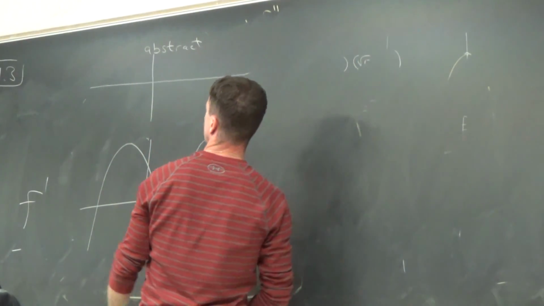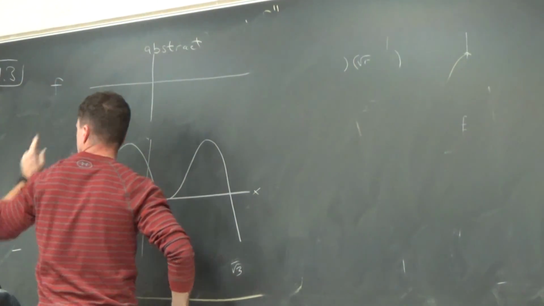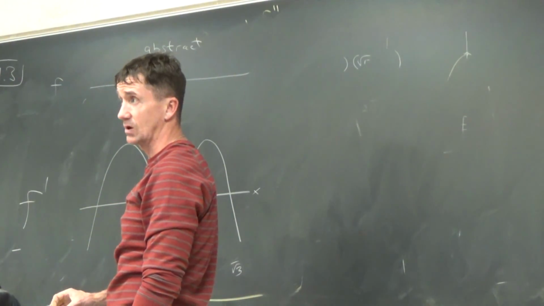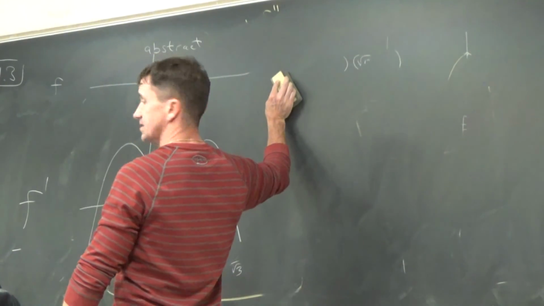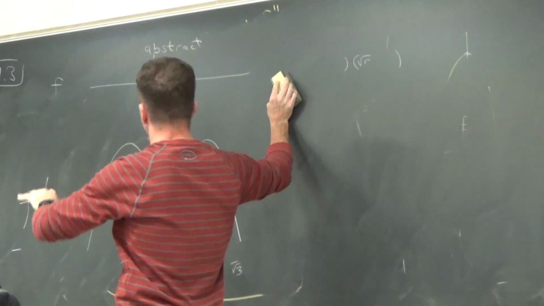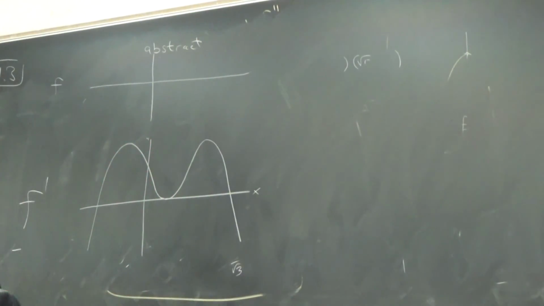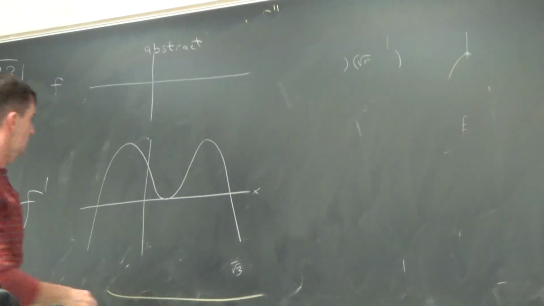You don't have to sketch f, but somebody in this class may try to help you better understand it and to answer questions, okay? You don't have to sketch f, but you may do that. That's why I put this above here. You might start doing some scratch work, okay? But this is the last thing.